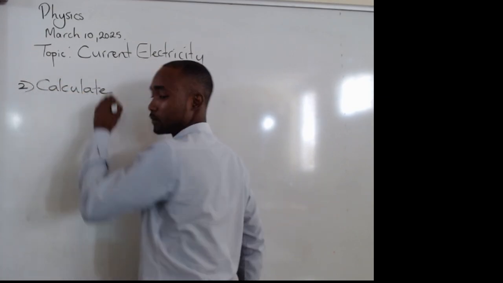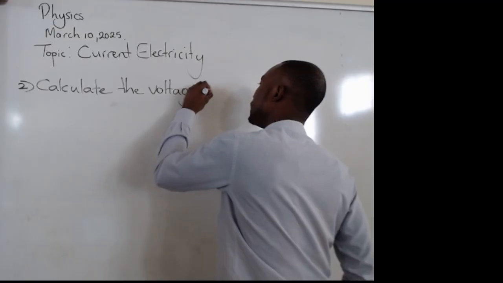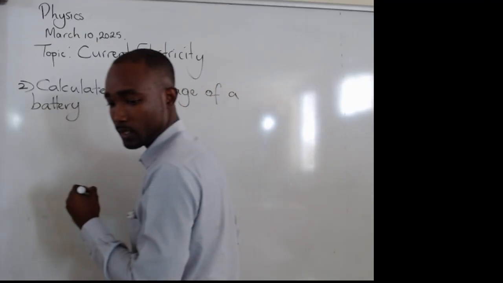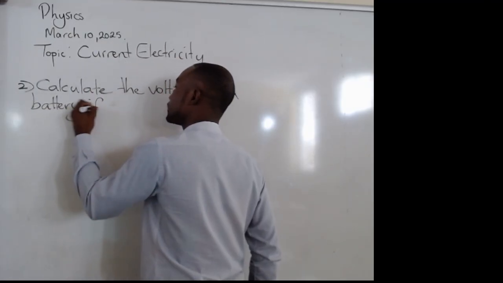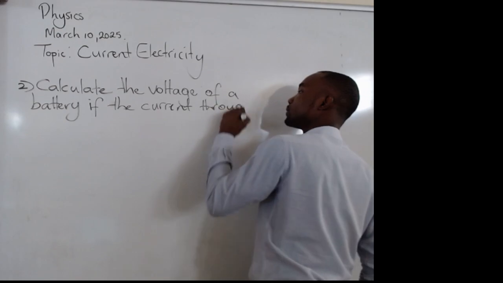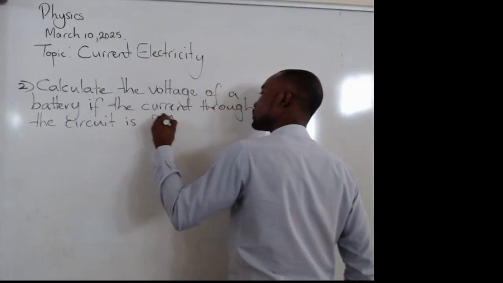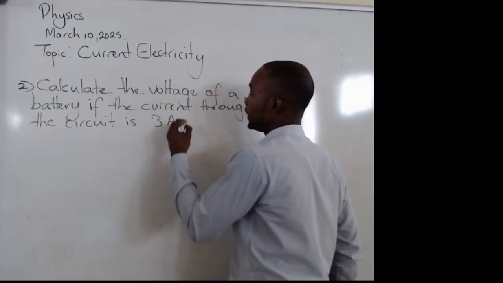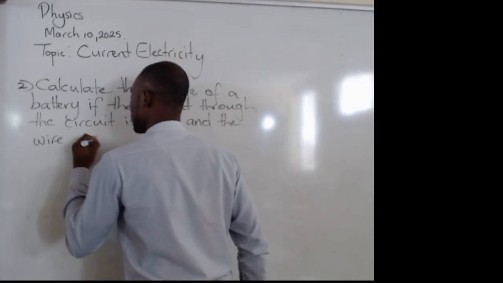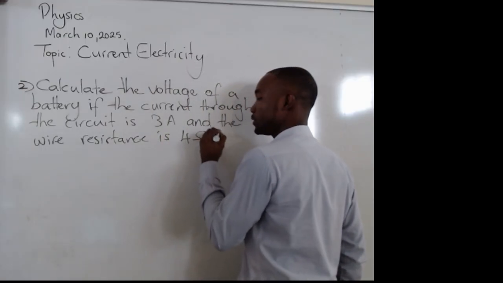Calculate the voltage of a battery if the current through the circuit is 3 amperes and the wire's resistance is 4 ohms.